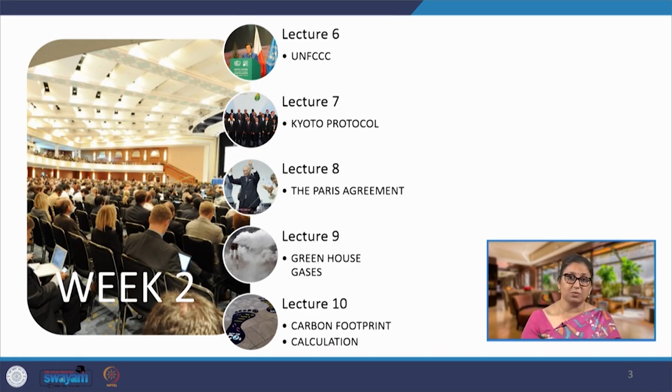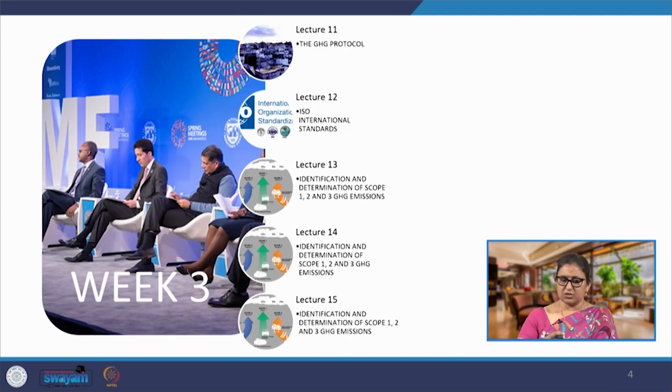It is never going to be absolutely accurate, but then we can have an idea, a comparative idea from past to now between two different entities, and this is what the whole discussion on carbon emissions is about.